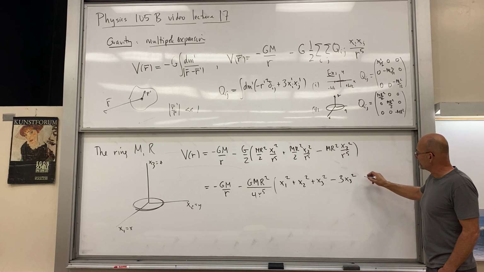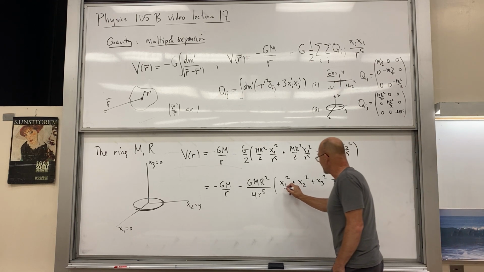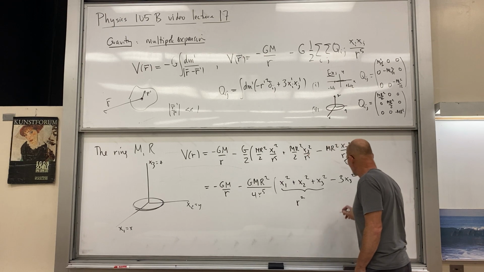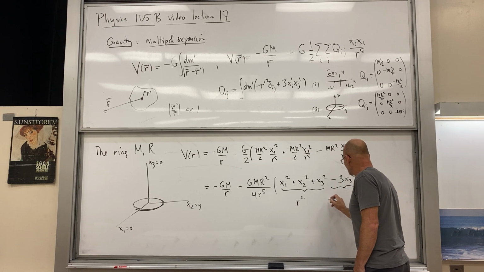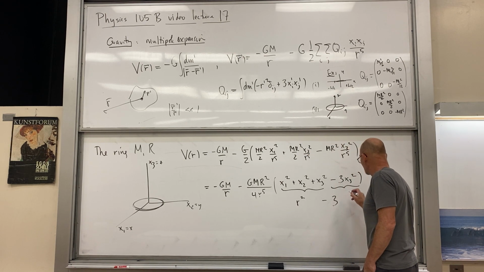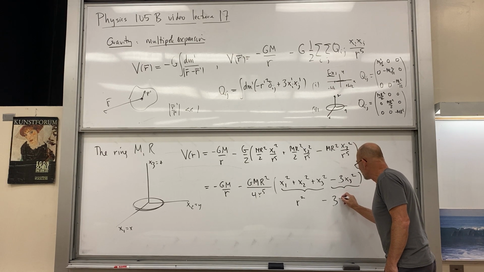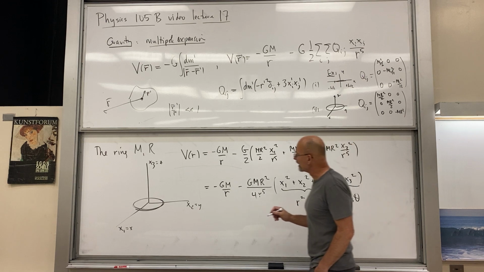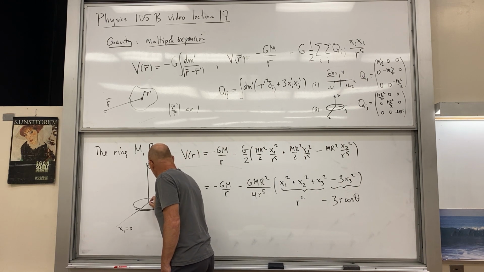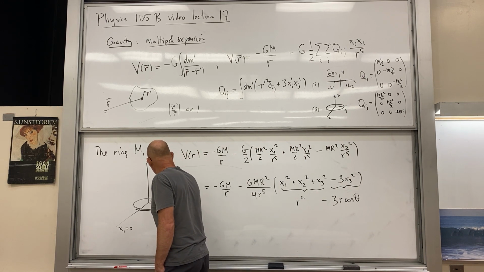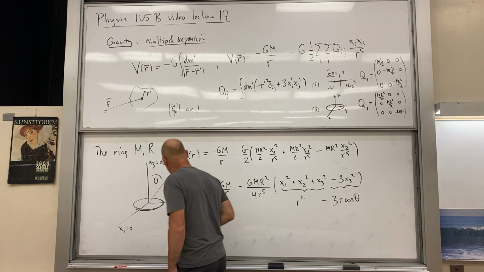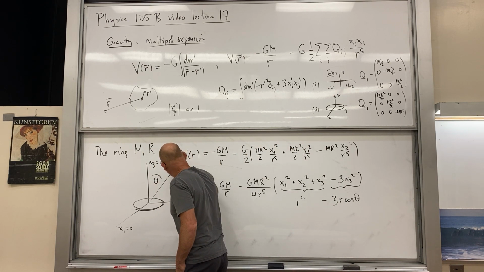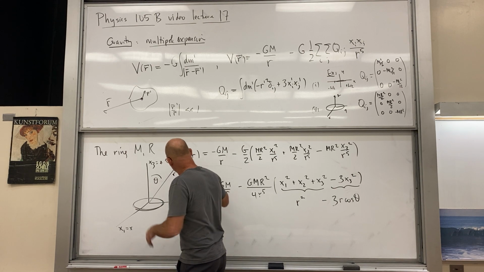Now, why am I doing this? It's because right here I have an r squared, and right here I have a minus 3 r cosine of theta. So now I have to explain. I'm going to go ahead and define, here's my point r out there.